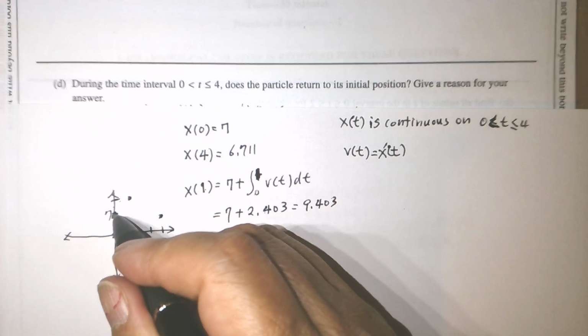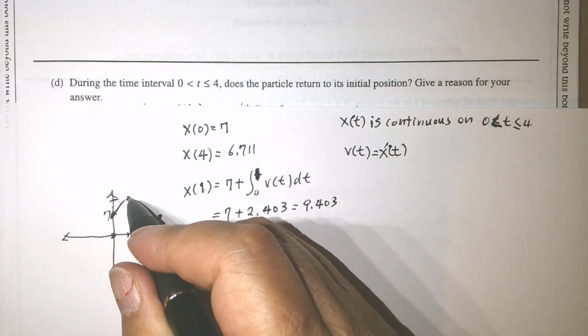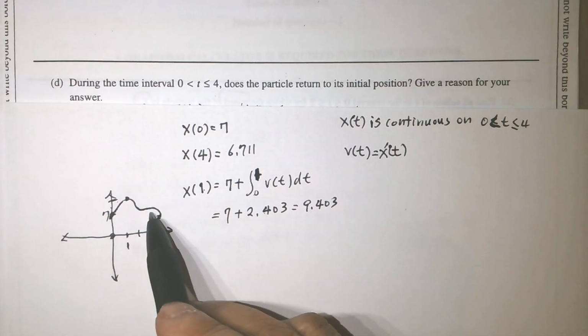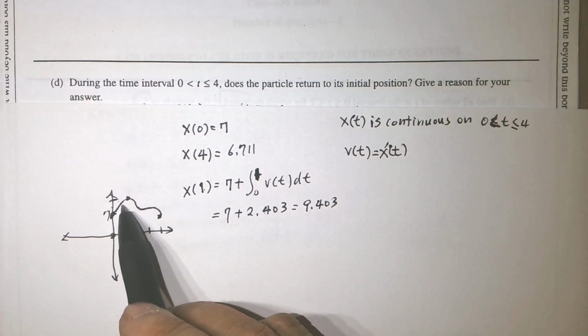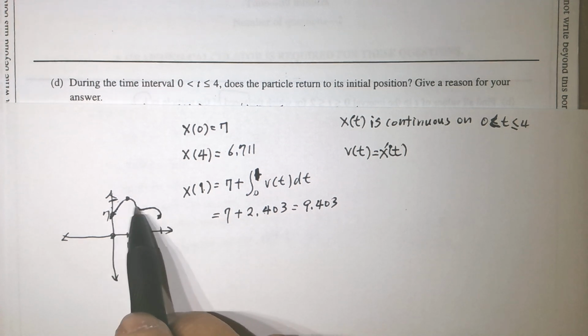So from here, the function is continuous. It must go up here and go somewhere and then come here, like that. We don't know what happened here, right? We didn't find the actual value here. But you know your function from the highest point has to go down. There must be somewhere here where it returns to 7, right?